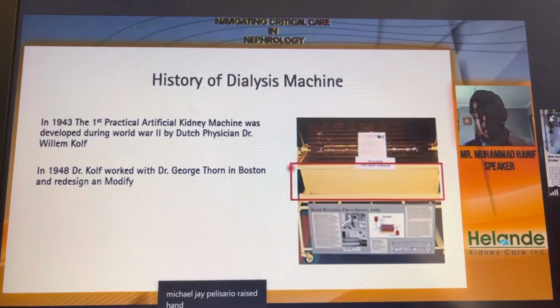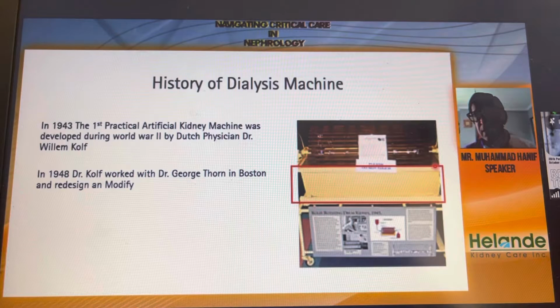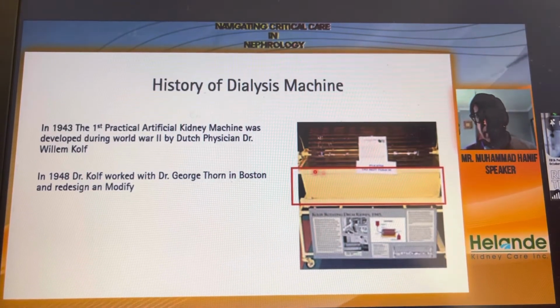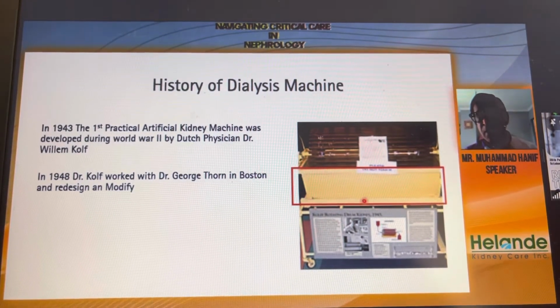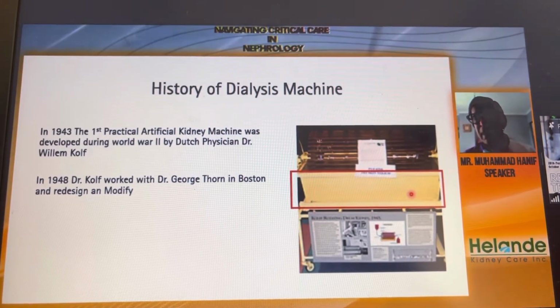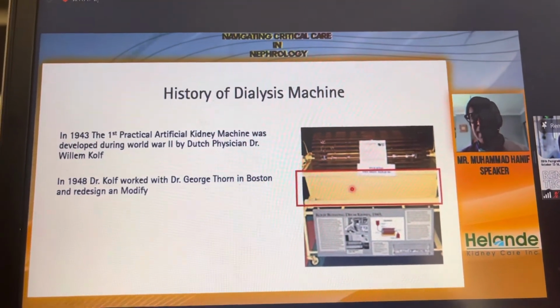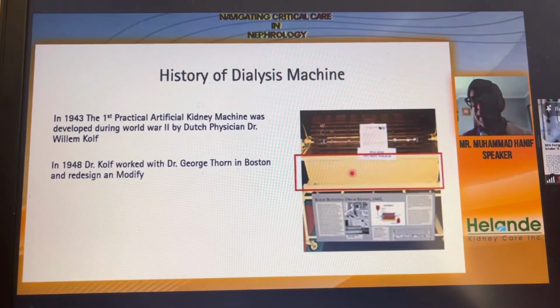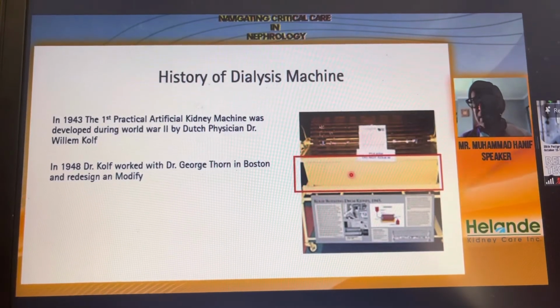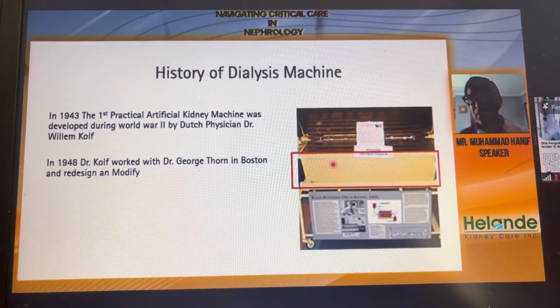Here you can see I put the red triangle. What is the meaning of this red triangle? You might be surprised. This is basically a bathtub. Why the bathtub? What was the reason behind it, and why don't we use the bathtub anymore? In the past, we didn't have the luxuries we have today.